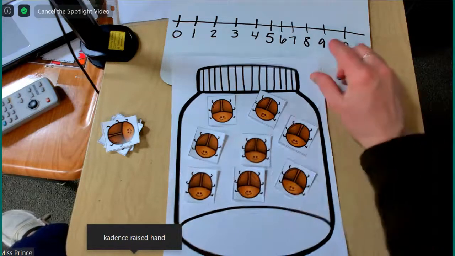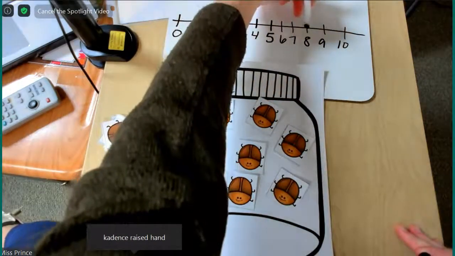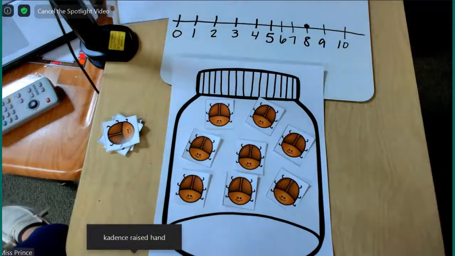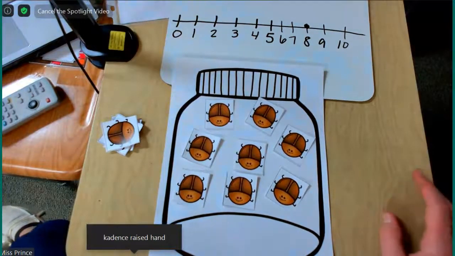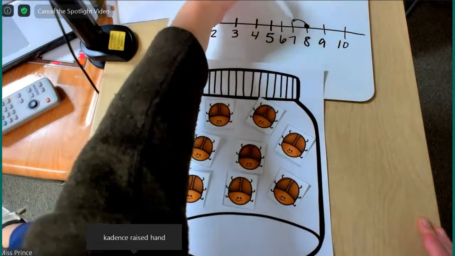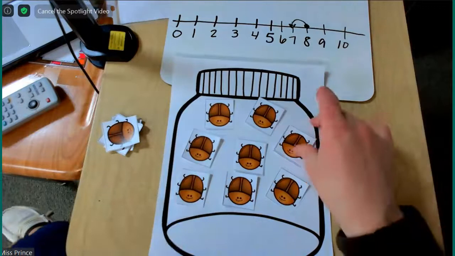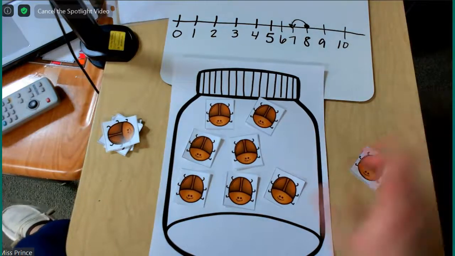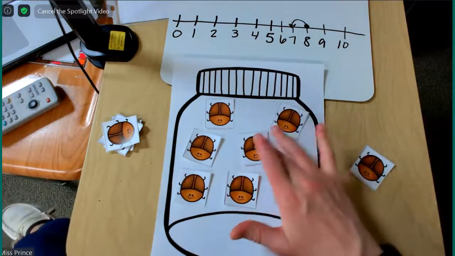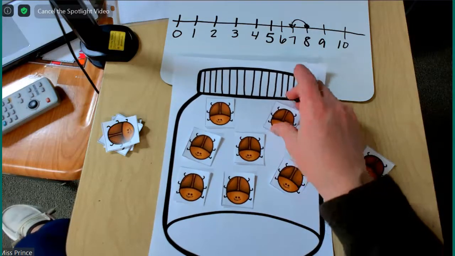Good job. So I'm going to find my 8 on my chart right here. And I want to show 1 fewer. So if I want to show 1 fewer, I'm just going to go down 1 number. Boop. And what number would that be? I take away 1 of them. 7.